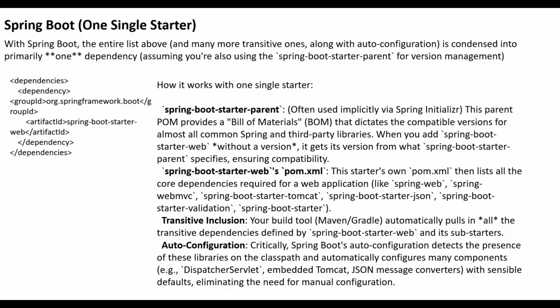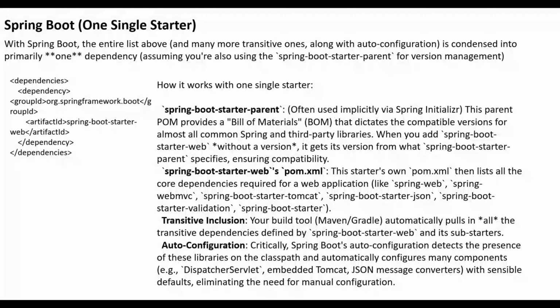It will add the core dependencies. It will include Spring MVC, web, starter, Tomcat, JSON, validation framework, your starter and everything. So this will include all your transitive dependencies, so you don't have to depend on manually adding that.